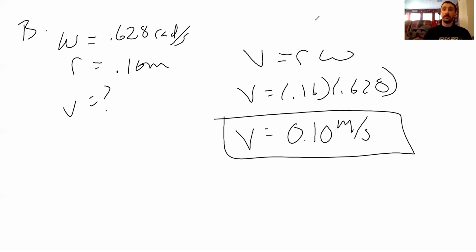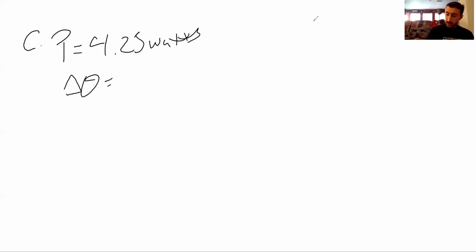All right, let's see what's next. What is the average torque provided by the motor during the 25-second time interval? So what we need here is we know that the power is equal to 4.25 watts. We know it turns through 7.85 radians, and it has a time of 25 seconds.